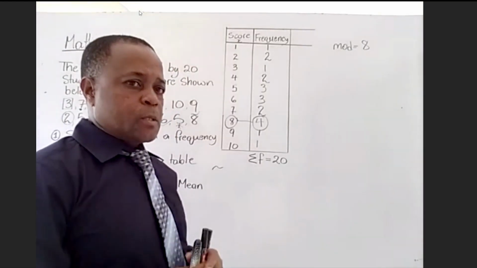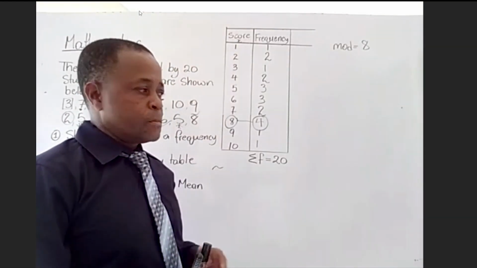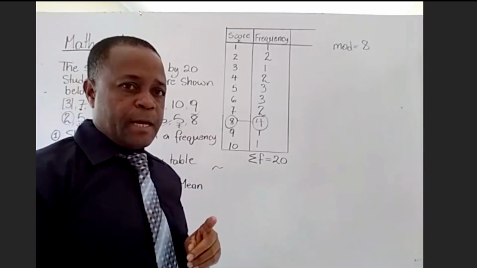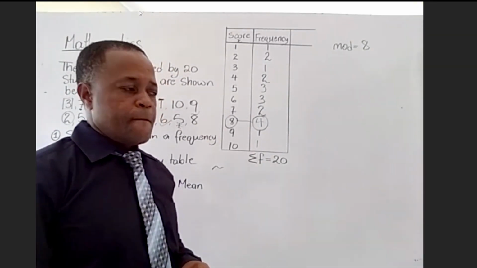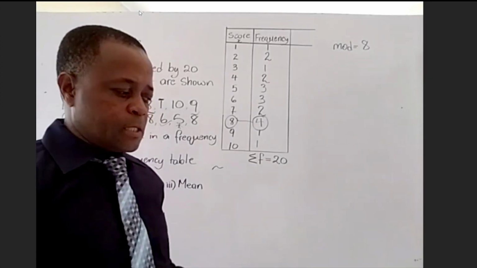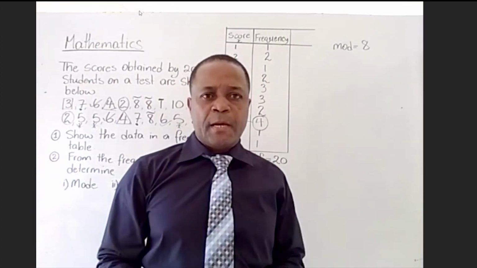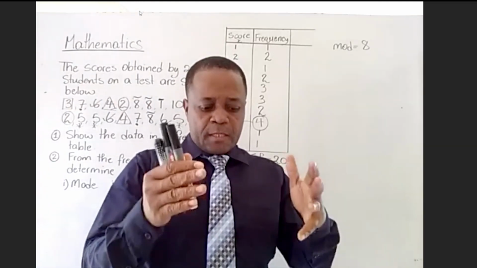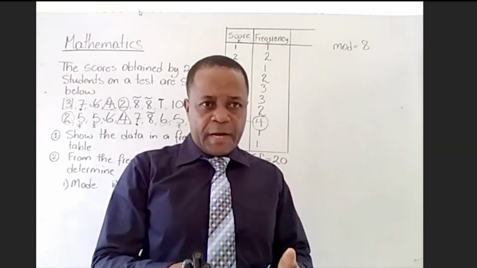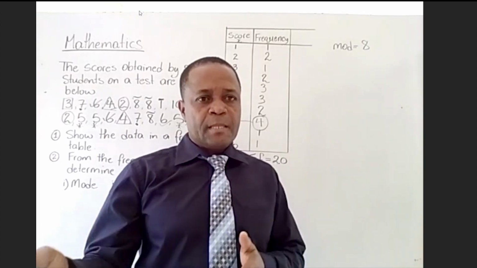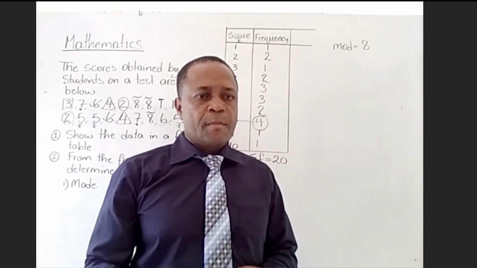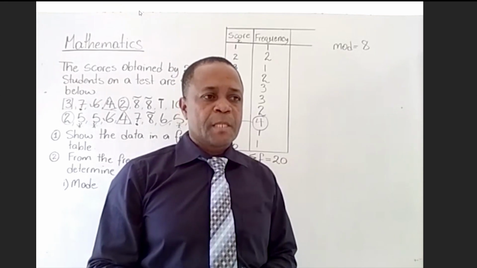Now, the next thing we want to do is to find our median. As was said before, the median is the central or the middle value when the scores are arranged in ascending order or descending order.